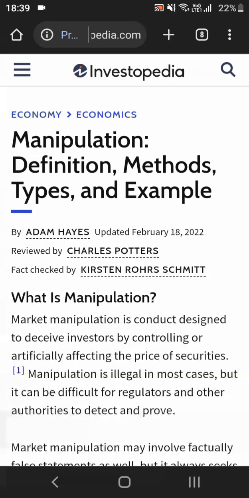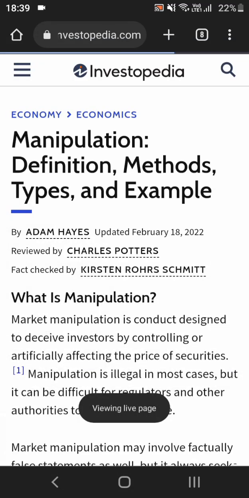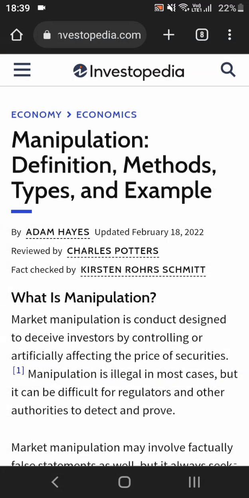Before I tell you my understanding of market manipulation, I like to look at the dictionary term. I do my learning on Investopedia.